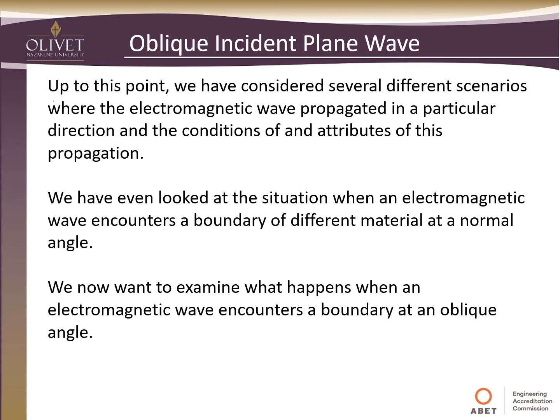So now we want to go back to that and think about what's going to happen when the electromagnetic wave again encounters a boundary, that is a change in intrinsic impedance, but not at a normal angle, but at an oblique angle. And we have some very interesting things that happen here.